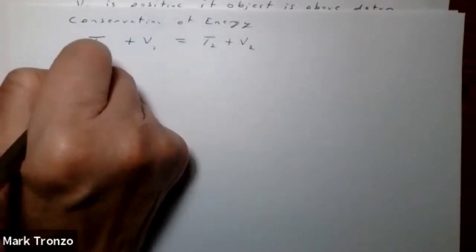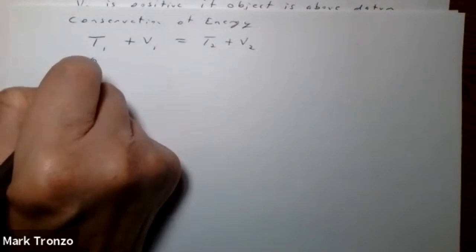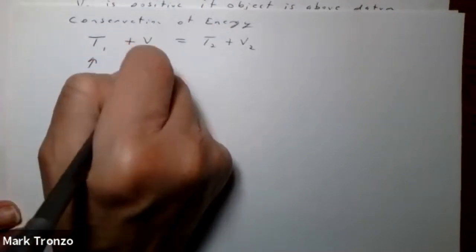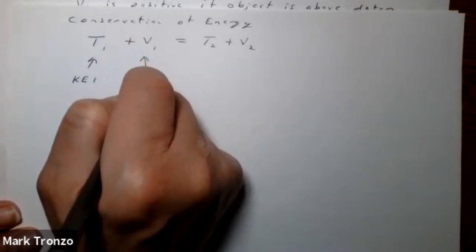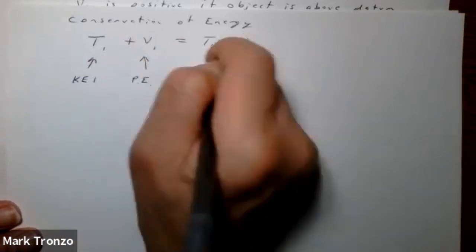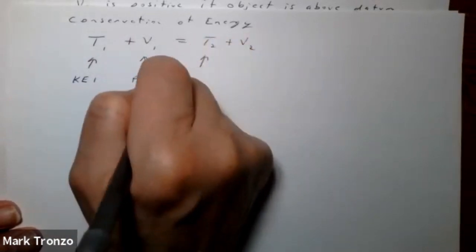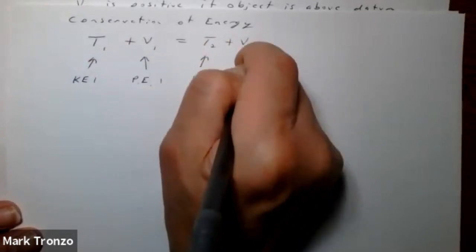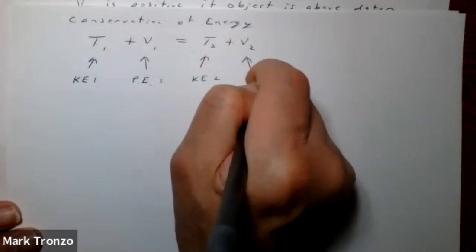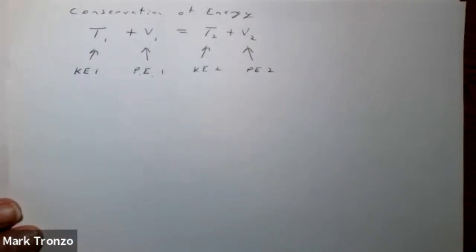Again, T is kinetic energy, and V is potential energy. So in other words, the total energy to start is going to be equal to the total energy at the end.